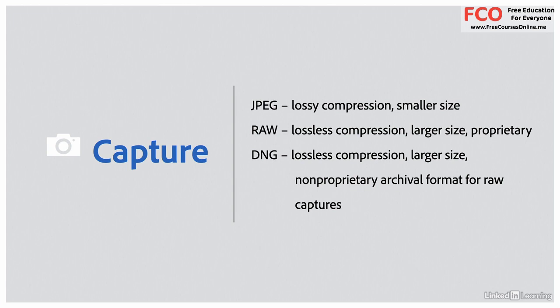And the primary difference between JPEG and RAW files is that the RAW file format contains all of the data that the sensor captured. So, RAW files still apply compression to files, but they do so using a different type of lossless compression, so the quality of the image isn't compromised. This gives RAW files much more flexibility when making edits and enhancements to the image after capture because there's much more information to work with.